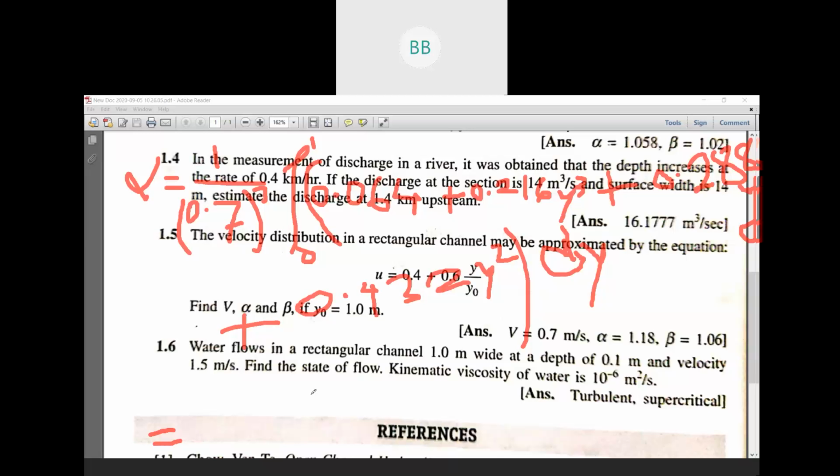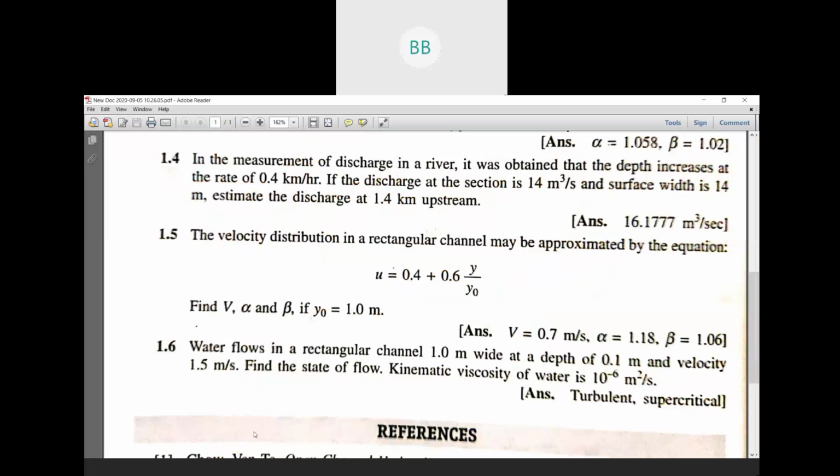It's always preferable to solve within fewer steps. These steps you can neglect if you can, because it also depends on how good you are in mathematics. If you are good enough, you can skip some of the steps.